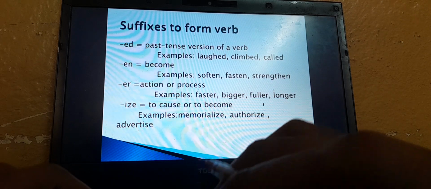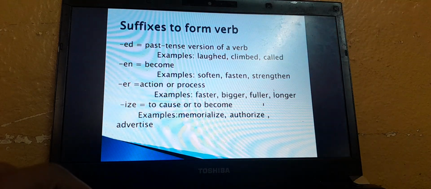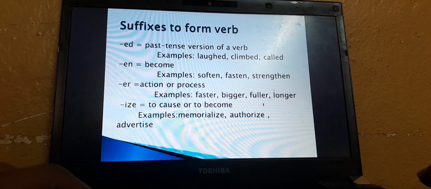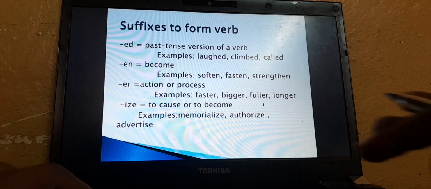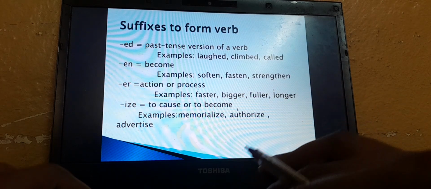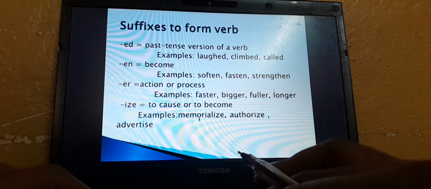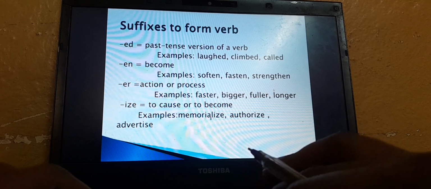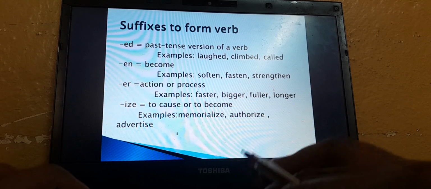So these are some of the suffixes that can help us in order to construct verbs, okay? Ize: to cause or to become. Examples: memorialize, authorize, advertise.